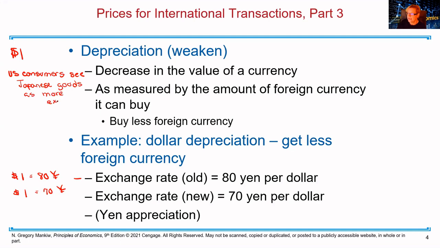And the second thing is, Japanese citizens see US goods as cheaper.